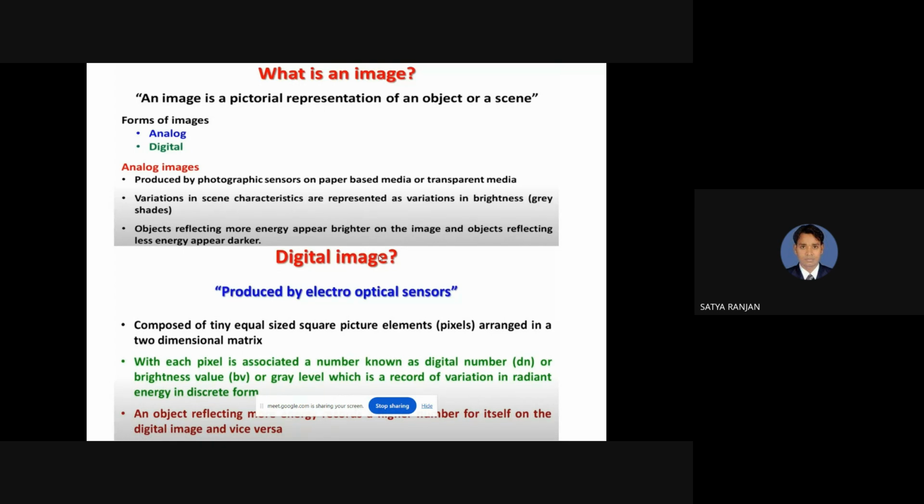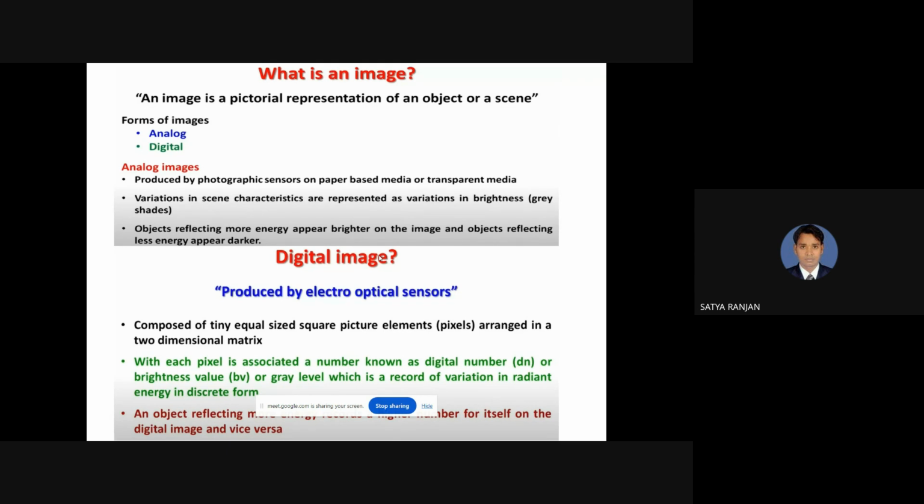We call it an image and a photograph. An image is just a pictorial representation of an object or scene. In remote sensing, we use images of geographical locations for observation.